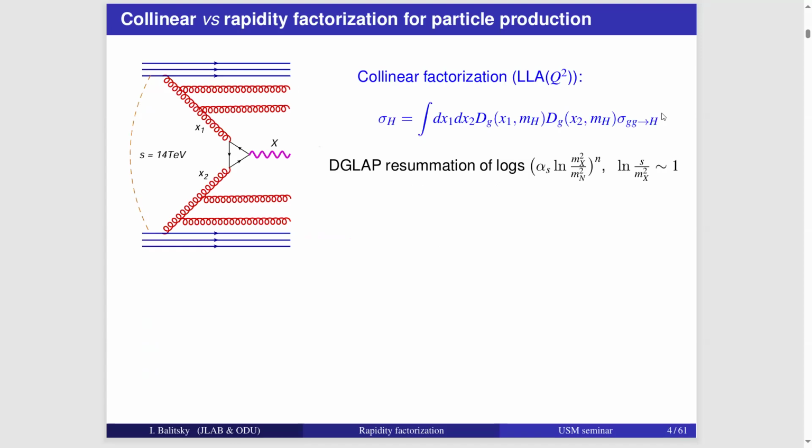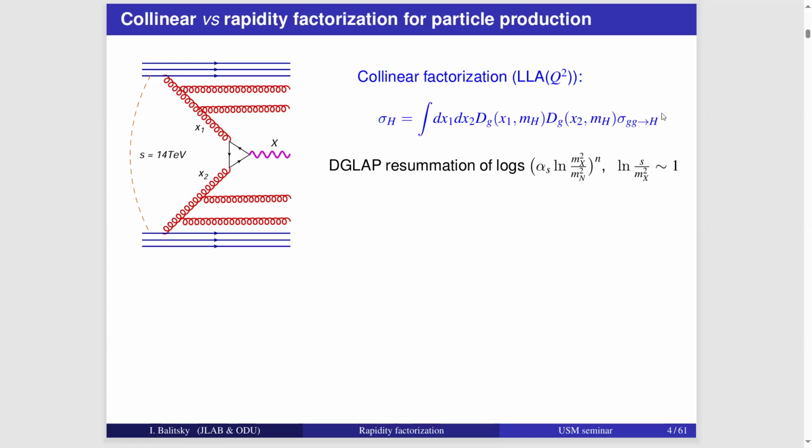Okay, so let me compare the collinear and rapidity factorization, for example, for particle production in hadron-hadron collisions. The collinear factorization says the following: a parton emits, with fraction x1 of the initial momentum, another parton from the other nucleon with fraction of momentum x2. They collide and produce a particle.